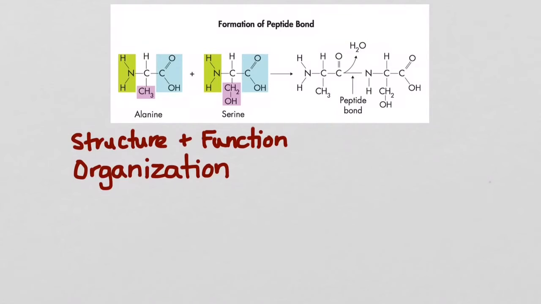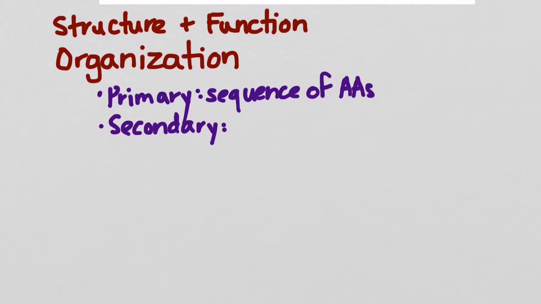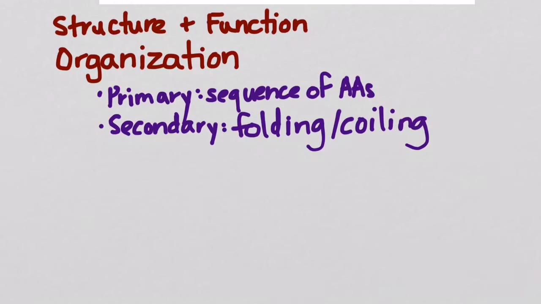So to help understand the larger molecules, scientists describe proteins as having 4 different levels of structure. A protein's primary structure is going to be the sequence of its amino acids. Its secondary structure, then we have the folding or the coiling of that polypeptide chain.